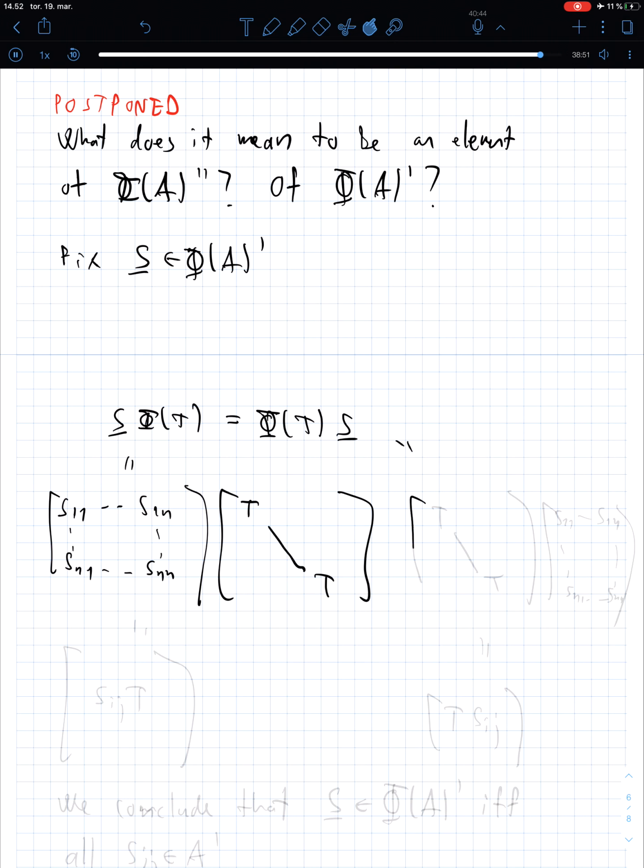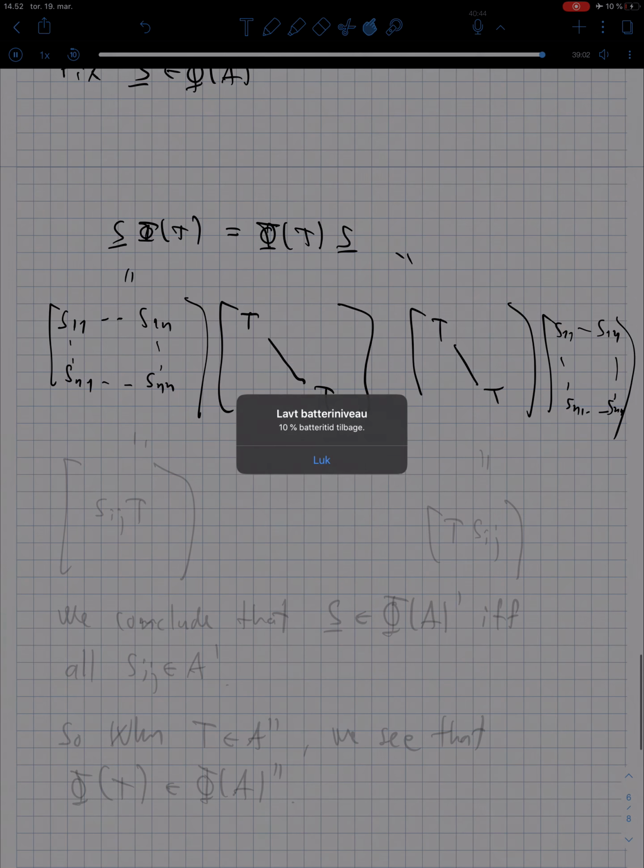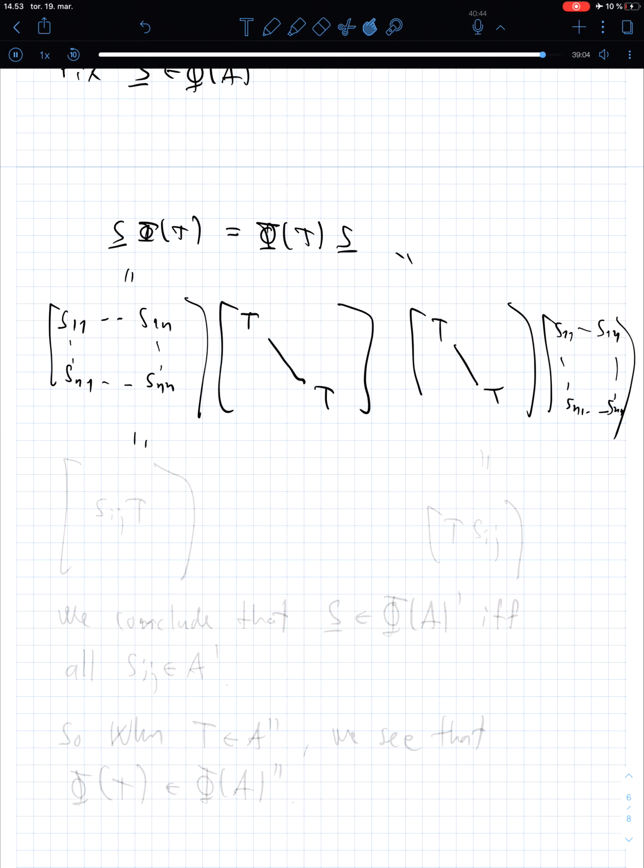And on the other side I have T down the diagonal, and then S11, S1n, Sn1, lots of dots. And when I multiply this out, this will just be the matrix whose entries all look like Sij T. And here it will be the matrix whose entries all look like T Sij. Right? And that has to be the same.